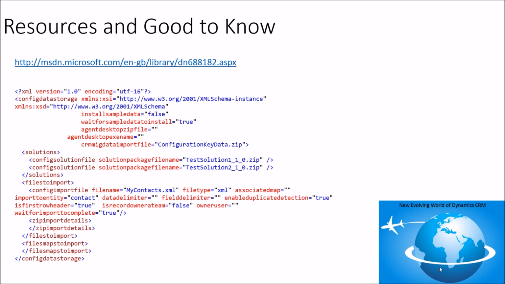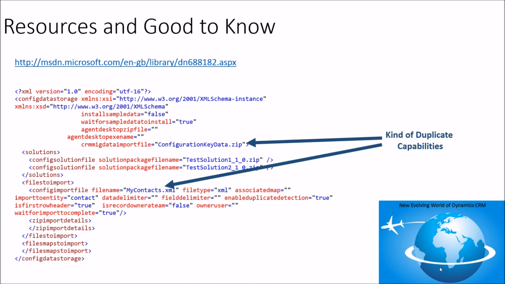So for instance, if you look at this XML file we just configured in our demo, at one place I'm importing configuration data, at another place I'm importing my contact data. Now both are kind of duplicate capabilities for me because both ultimately import data. In my personal opinion, both can be used interchangeably.